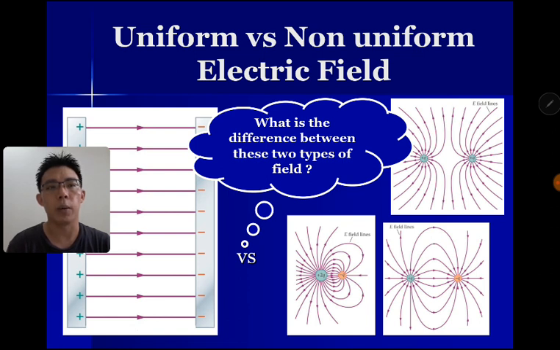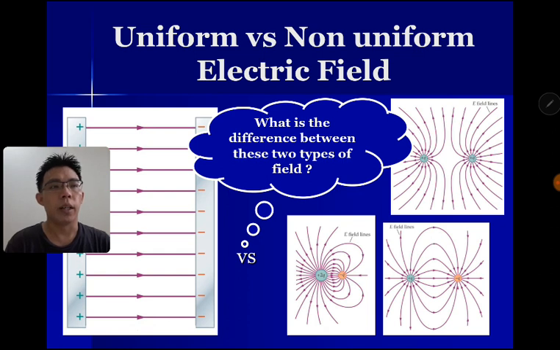Okay, so I want you to identify the difference between these two types of field. So take a minute to identify some differences, and then jot it down. You pause the video, you find the differences between these two categories, and then you press play to see whether your guess is right.